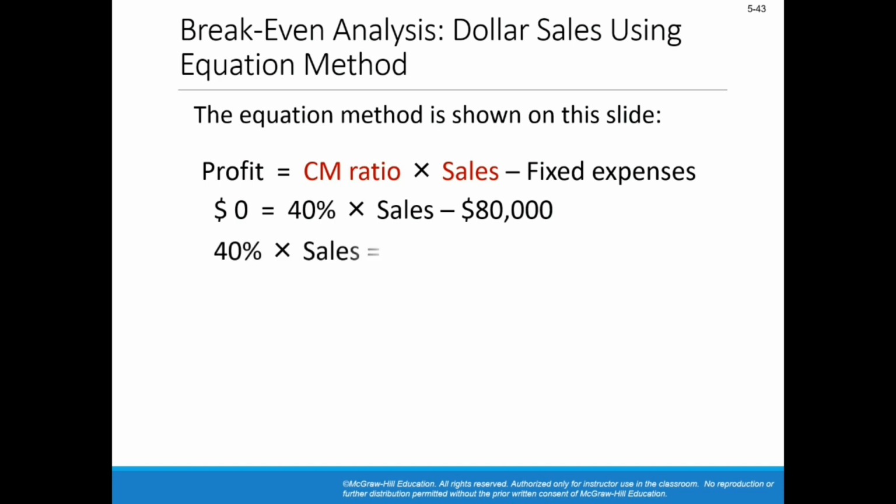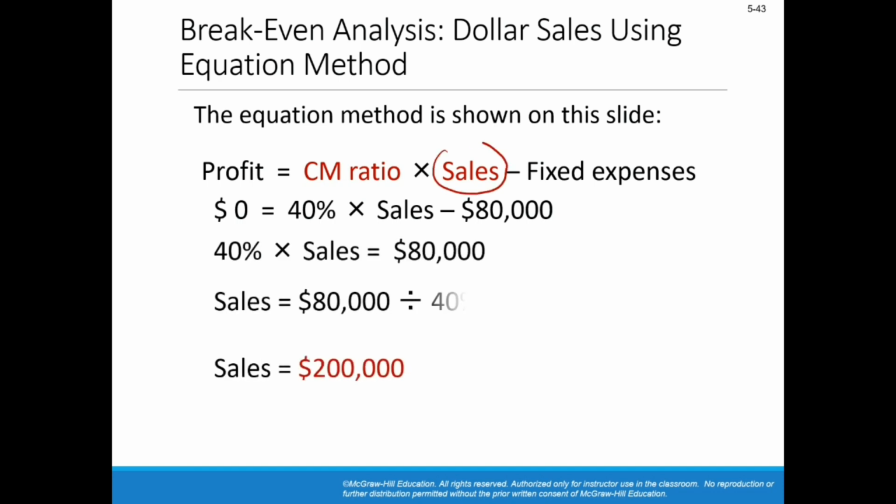Now, this is the case where you want to solve for sales. So profit is equal to CM ratio multiplied by sales minus fixed cost. Just to remind you that CM ratio is equal to CM divided by sales. So basically you are saying that profit is equal to CM minus fixed cost, which is the case because CM in turn is equal to sales minus total variable cost.